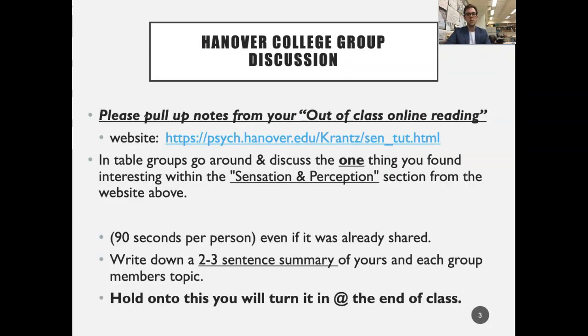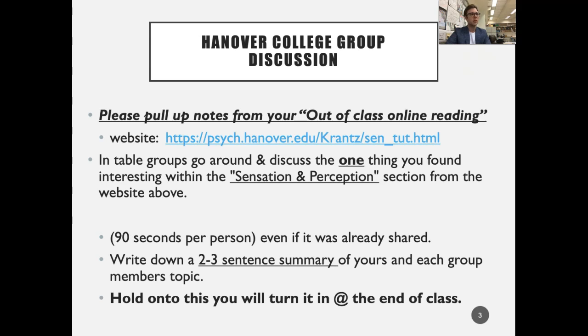Now, what I'd like you to do is go ahead and complete this assignment. It's a little bit of out of class reading. I would like you to go to this website here at Hanover College, and we're going to have a brief discussion on this when we get back to class.